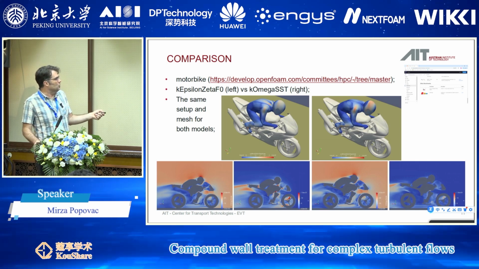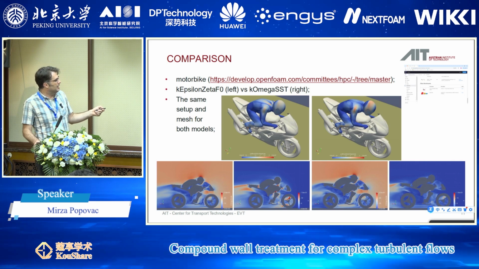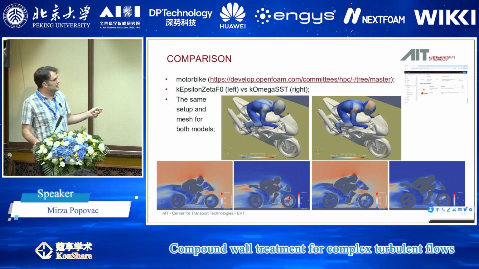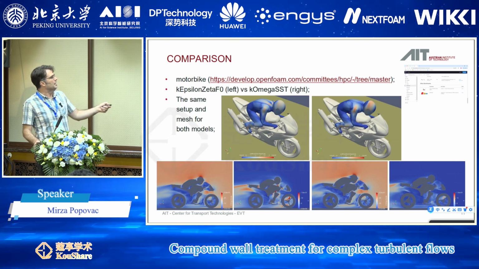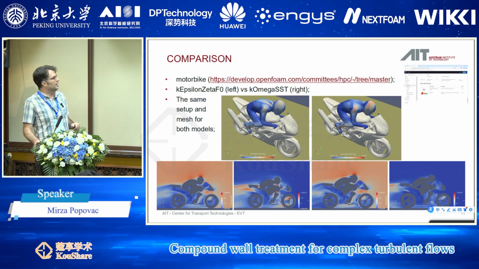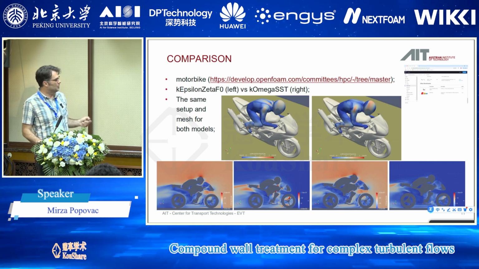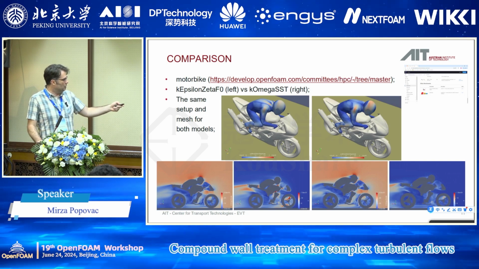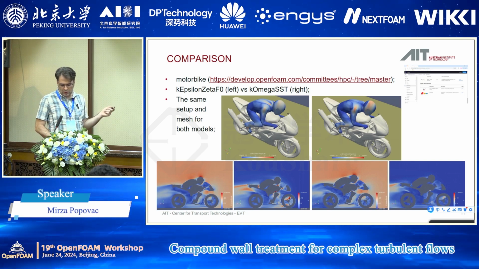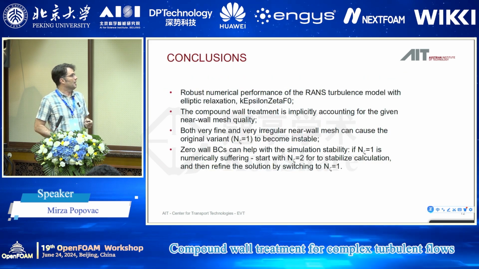Only one thing that I could spot is that k-zeta-f gives more distinct these features of high shear stress, whereas SST, I think, smears a little bit more on the helmet and on the shoulders. But overall, the values and the spatial distribution are almost the same.